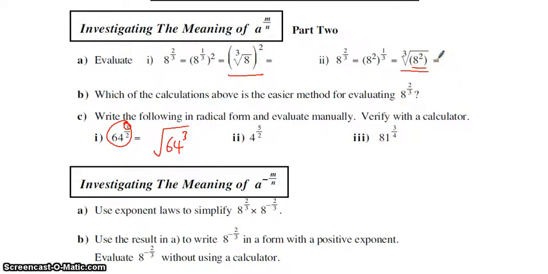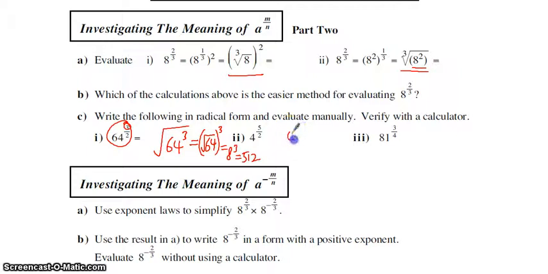The order doesn't matter between power and root. They have the same rank, same order. So when you have this, instead of cubing it first before you take the square root, because cube becomes a huge number, you can square root it first and then cube. Square root of that we know is 8, which gives you 512, which is easier.